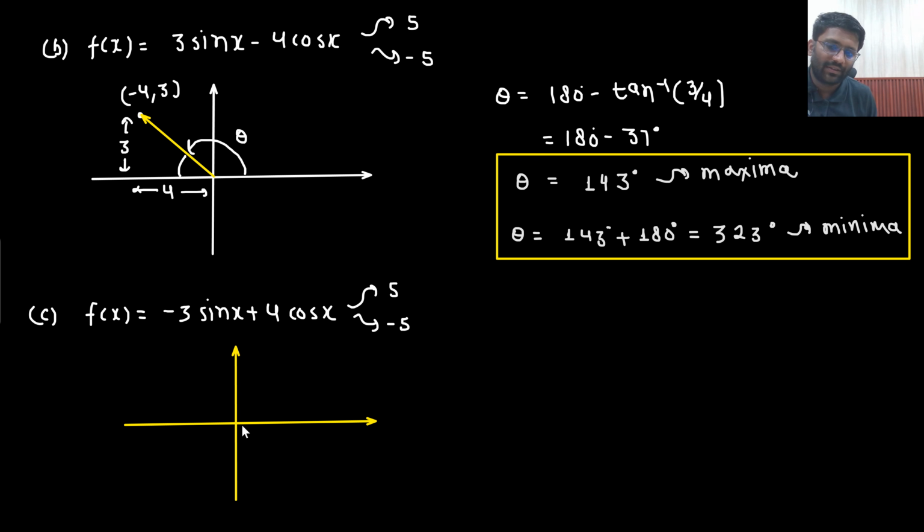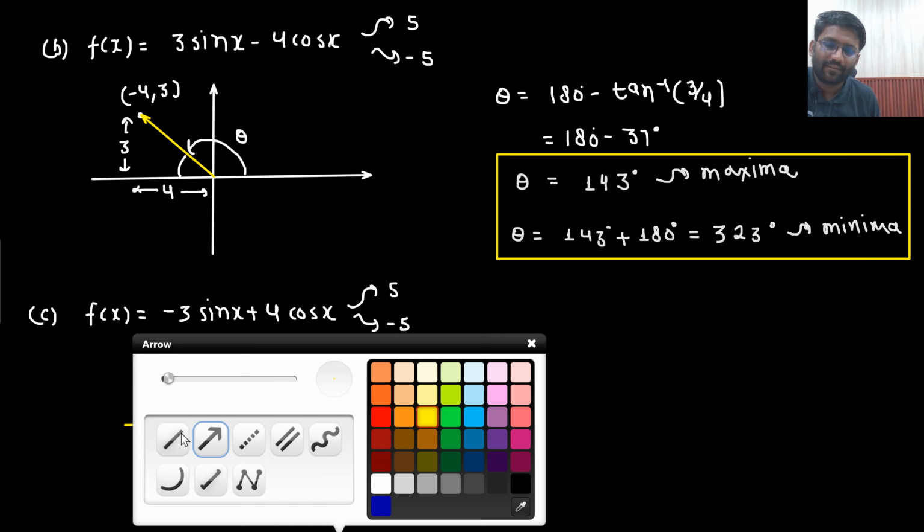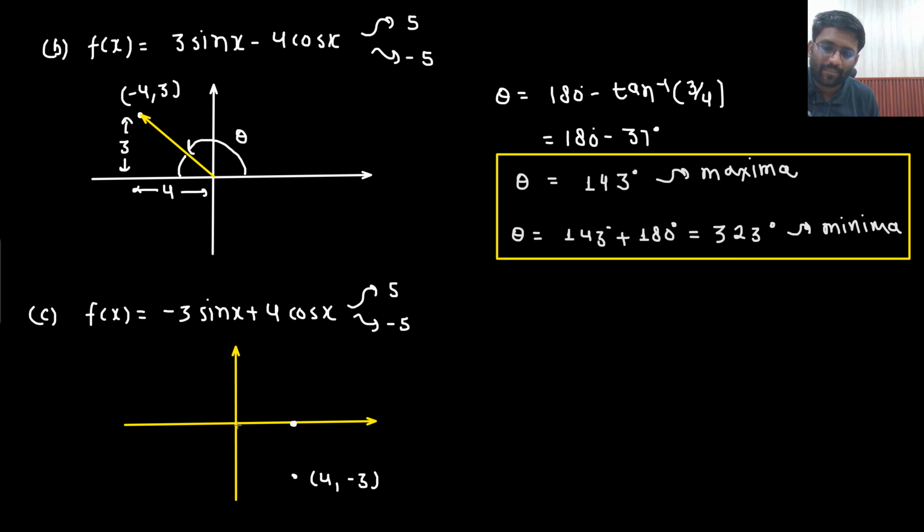So here you will be reaching, right? Cos is a friend of x-axis. So 4 here, and then sin is a friend of y-axis, minus 3 here. So 4 comma minus 3. Right? Angle is always measured from positive x-axis in the anti-clockwise direction. Understandable? So what will be your answer?